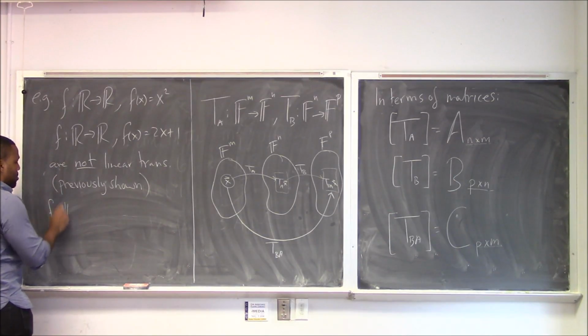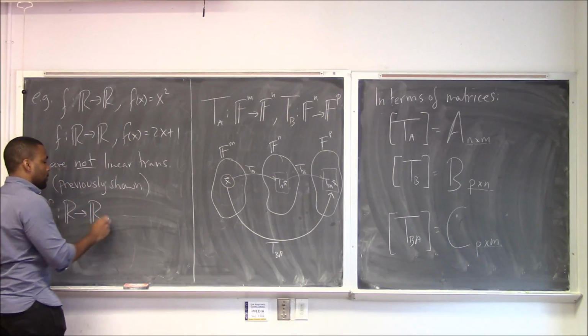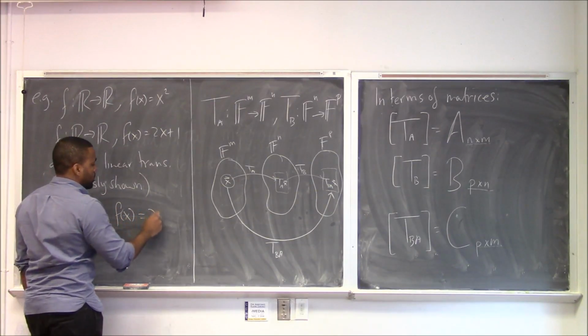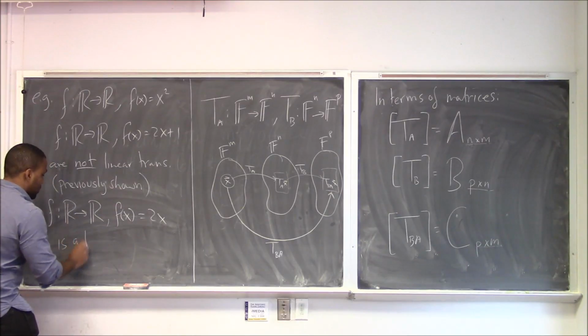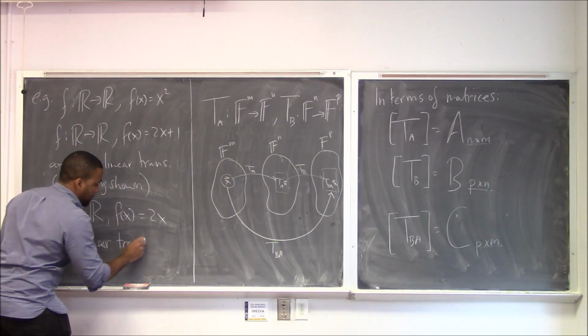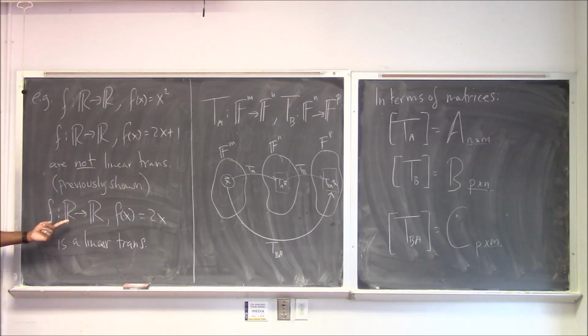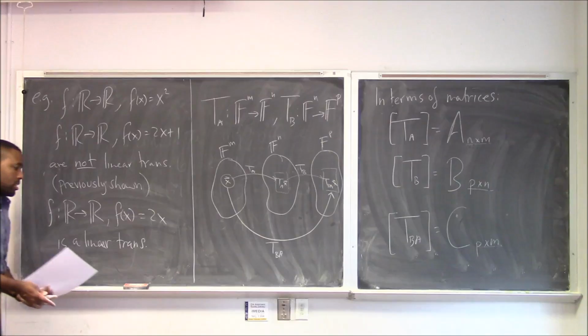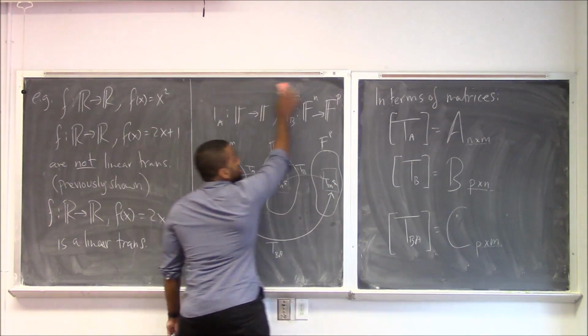Whereas f from R to R, f of x equals 2x, for example, is a linear transformation. We realize that this obeys the two properties that make a linear transformation. It also means that there is a matrix that I can use to represent this. Of course, it's going to be a 1-by-1 matrix, it's not going to be very exciting at all. But now when you start to go between R to the n, where this is something bigger than 1, then you start to get matrices of various sizes.